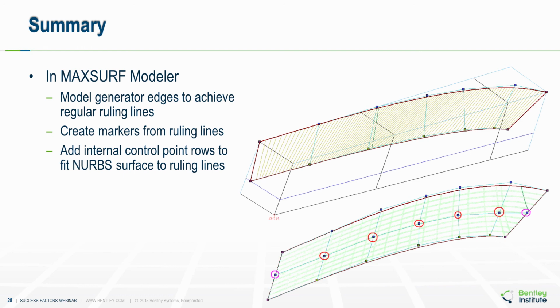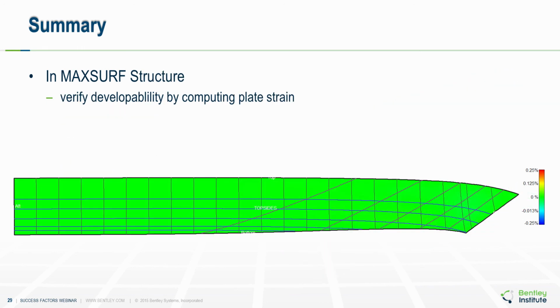And then by creating markers on the ruled surface, and finally adding control points to the interior of the NURBS surface so that we can make it match the developable surface. And finally, in MAXSURF Structure, we can verify the developability of a surface by computing the plate strain, i.e. the strain that would be required to convert the 2D plate into the 3D surface that we've modelled.